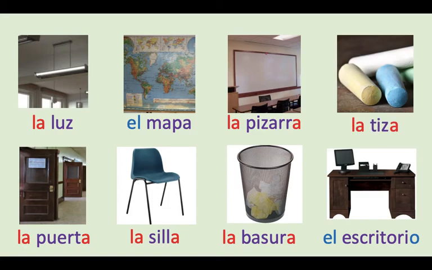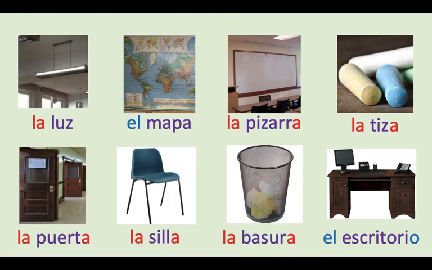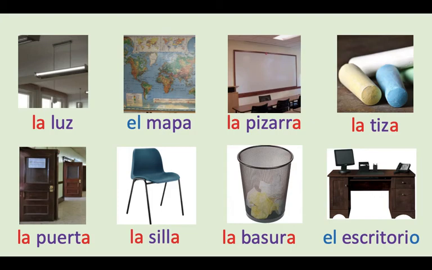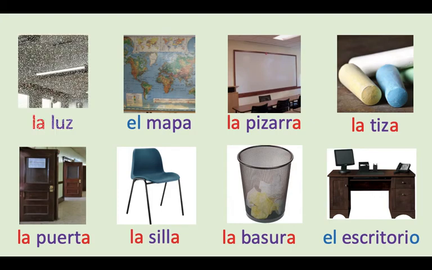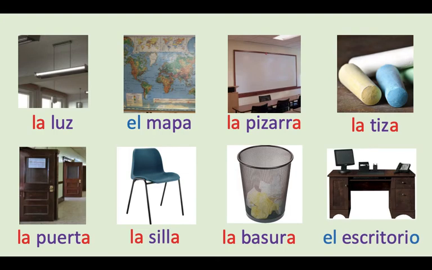Repita, la tiza. ¿Qué no está? Repita, la basura. Mira. ¿Qué no está? Repita, la silla. ¿Qué no está? You already got it there. Repita, la luz. ¿Y qué no está? Repita, el escritorio.